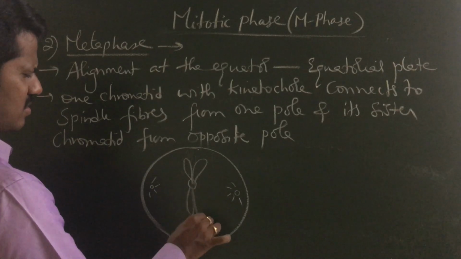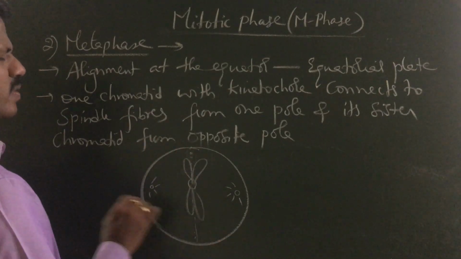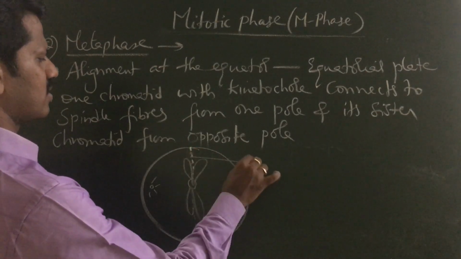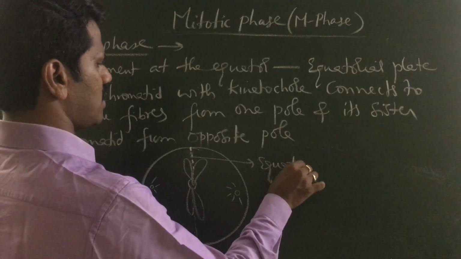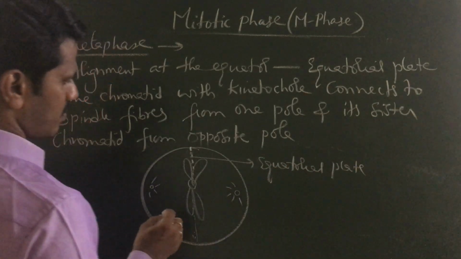All the chromosomes will arrange at the line of the equator. This is called the equatorial plate, at the center. All the chromosomes will line up at the equatorial plate.